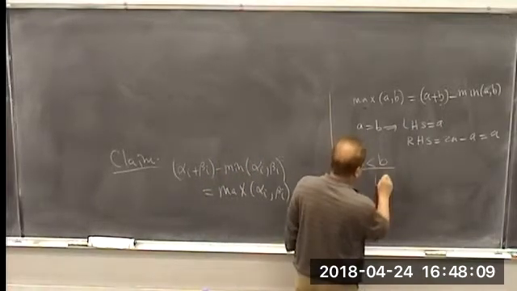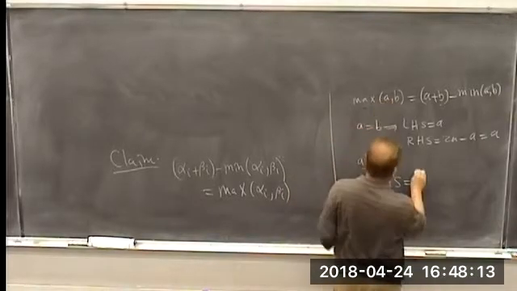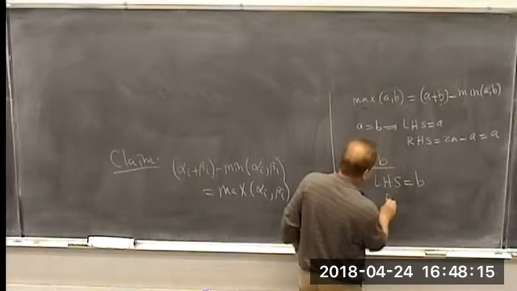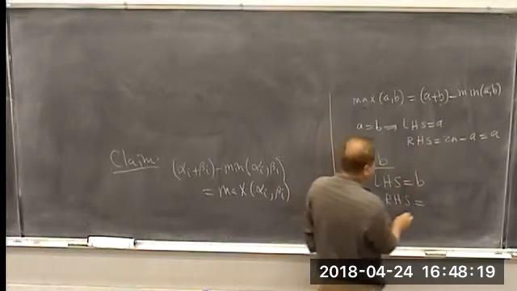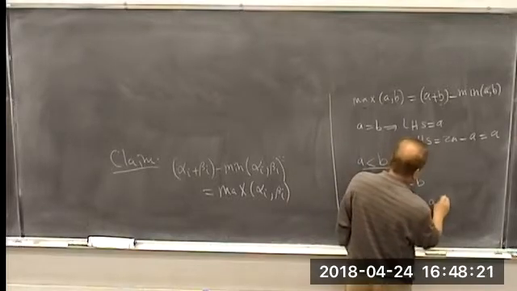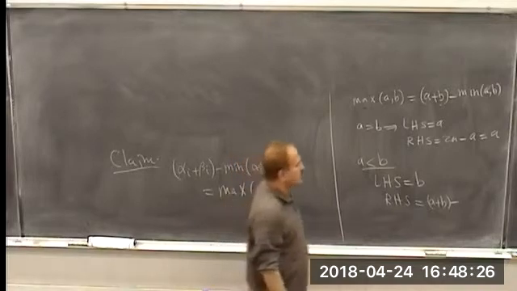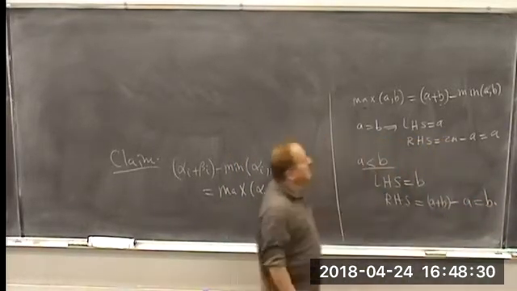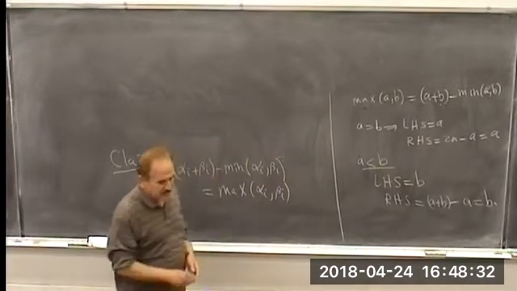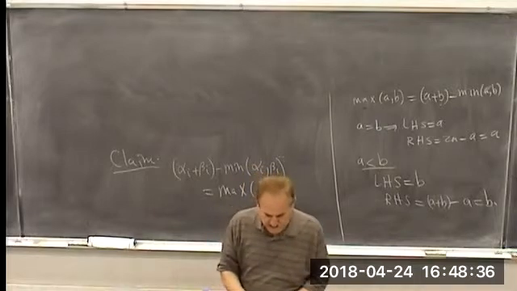The left side is the maximum, and that's going to be B. The right side is going to be the sum, A plus B, and then you subtract the minimum, which is A, and this is equal to B. All right, so this is it, and we're going to stop right here first.